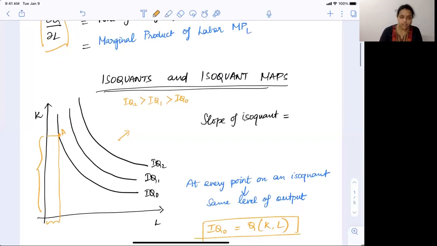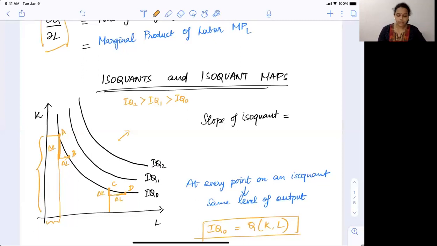If I want to get an additional unit of labor and move 1 unit to the right, maybe to point B, then I'm willing to give up a lot of capital to get to point B. So the magnitude of the slope is pretty high when you move from A to B. On the other hand, when you're at a point, say C, and you want to move to D, you already have enough labor there, and you have more labor but less capital at point C. So you're willing to give up less capital to get 1 additional unit of labor. So the slope here is going to be flatter.